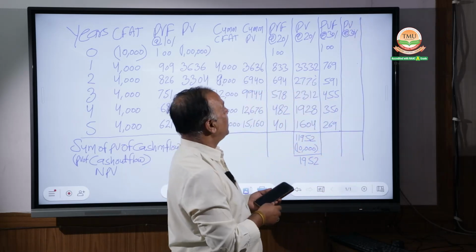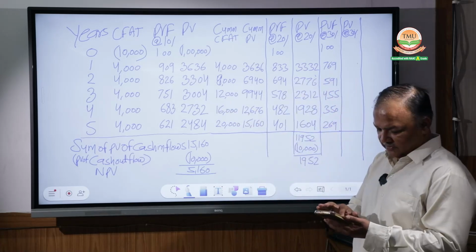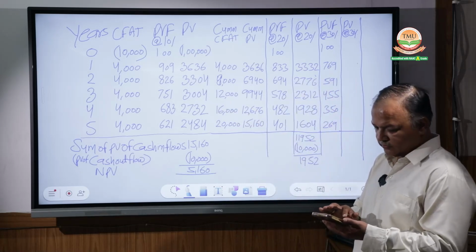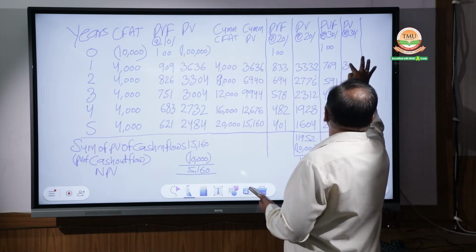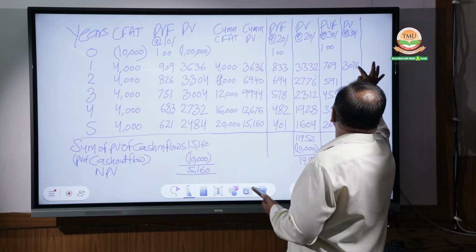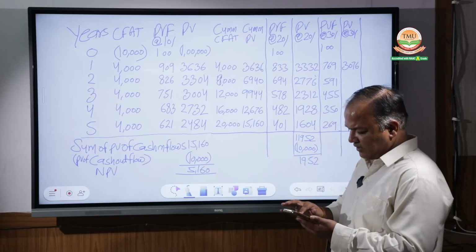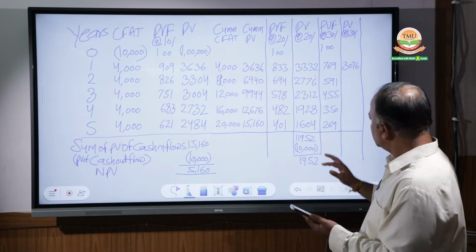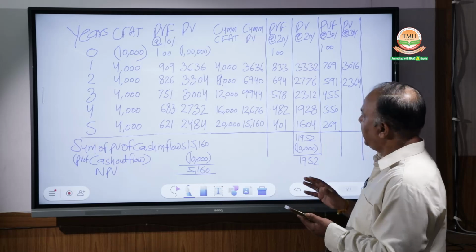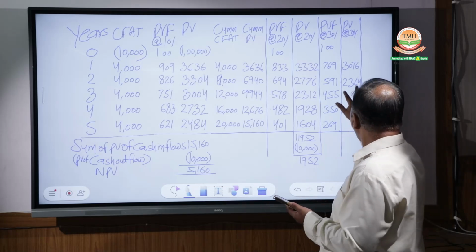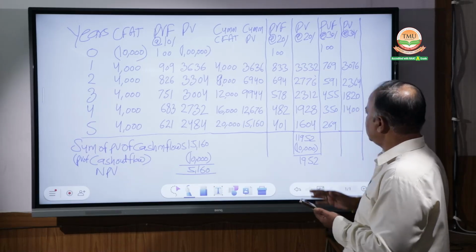Now I have to multiply this column with column number 2. Let's do 0.769 into 4000 is equal to 3076. 0.591 into 4000, 2364. 0.455 into 4000, 1820. 0.35 into 4000, 1400.